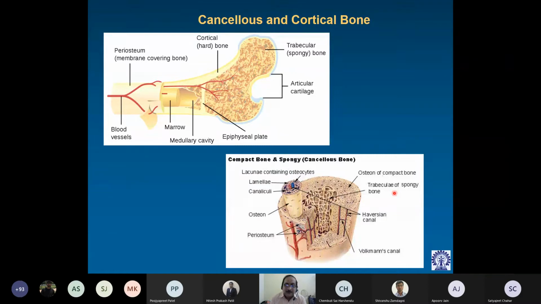Now, just more explanation in form of figures. You can see very clearly how this bone structure looks like. Okay, so this is the trabecular or spongy bone.